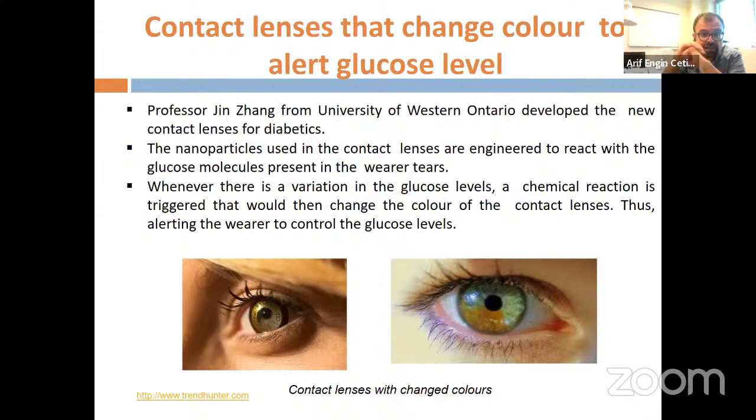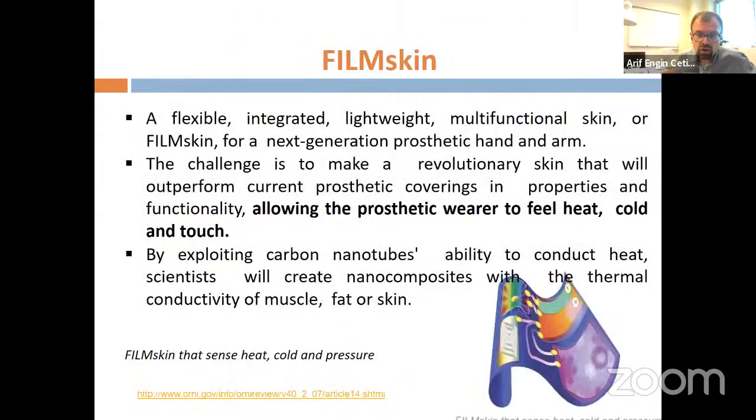The nanoparticles in that contact lens can react with the glucose molecules present in tears, and determine the glucose level directly from the tear using a chemical reaction. I think it's already been released as a commercial product. That's what I know.